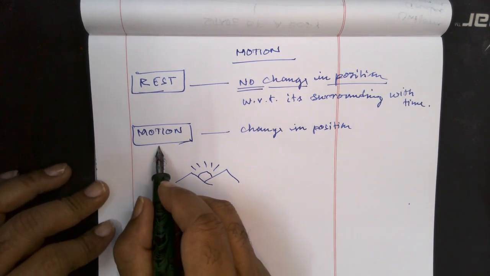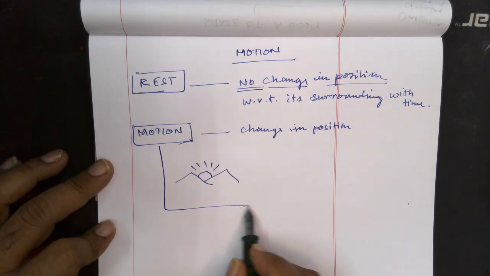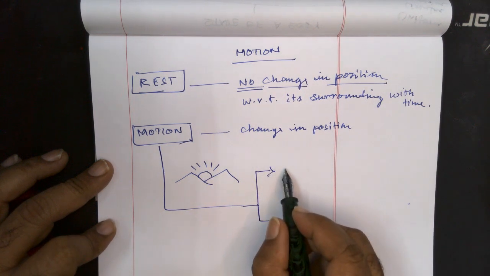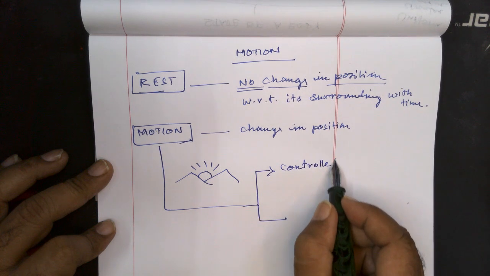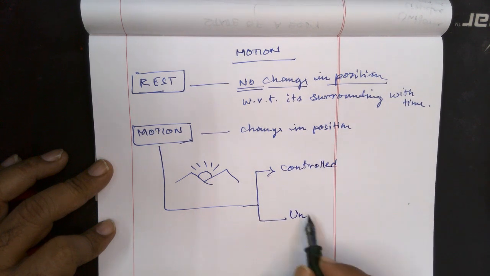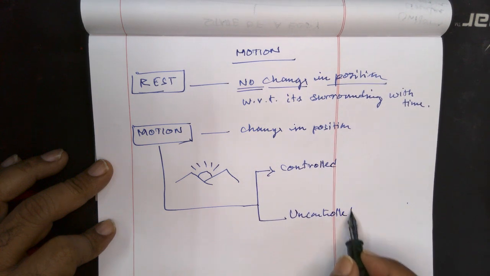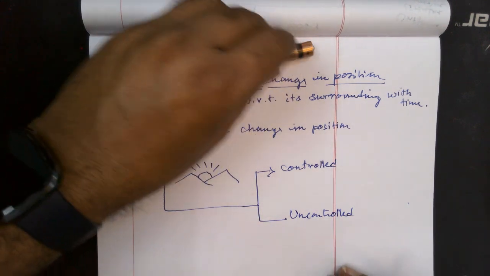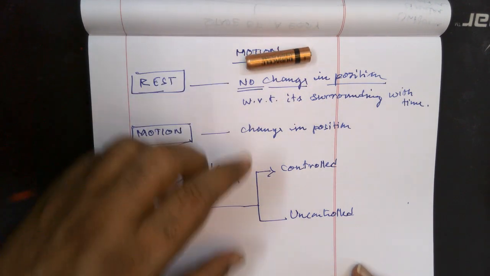Now we can classify this motion into two. One is controlled motion, another is uncontrolled. For example, when I keep this cell, it goes on. I am not controlling it. So this is uncontrolled motion.